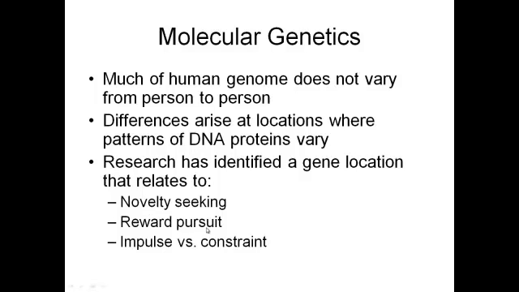Again, pursuit of rewards is the approach system I was talking about before. Impulse versus constraint: impulsivity is kind of like the opposite of effortful control. But nevertheless, there's a limit to what we can do. Currently, we can't necessarily point to a specific gene for this or for that kind of characteristic.